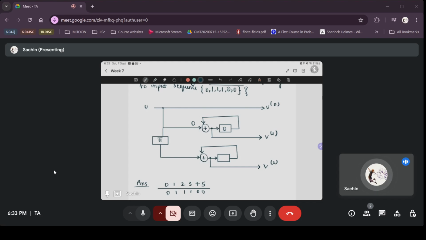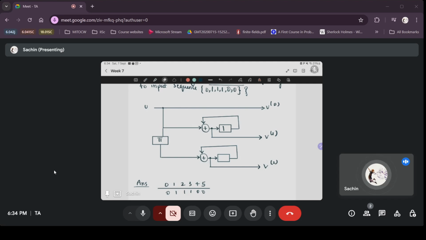So if you're in state 0 and your input is 0, then you go to state 0 and give out an output 0. You're in state 0 and your input is 1, you go to state 1 next. Your output is 1. If you're in state 1 instead and your input is 0, you go to state 0 and your output is 1.